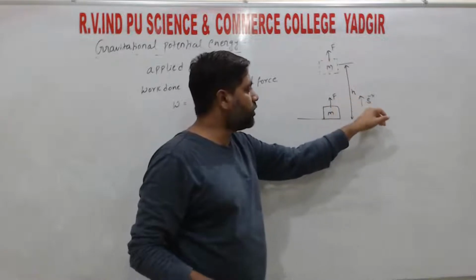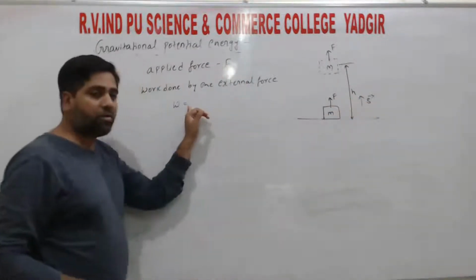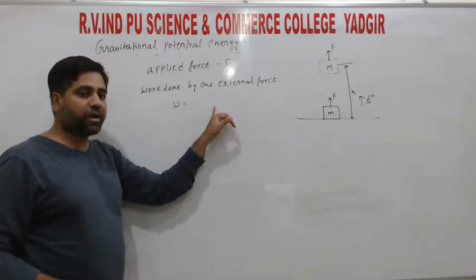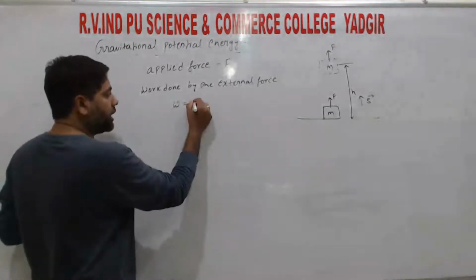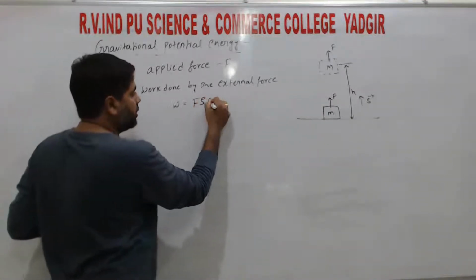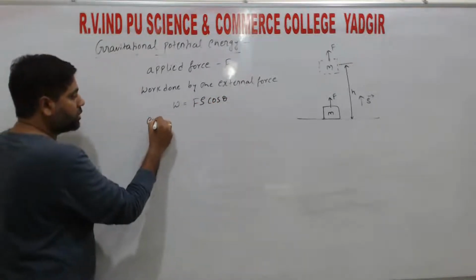That means the angle between the force and displacement is 0 degrees. The work done formula is Fs cos theta. So cos 0 is 1, so directly we can write F into s, right? So work done is equal to Fs cos theta, right?